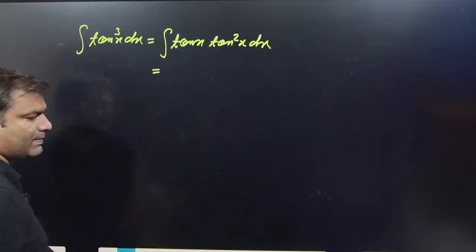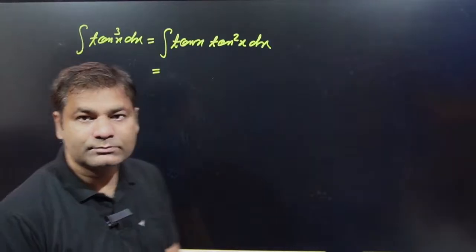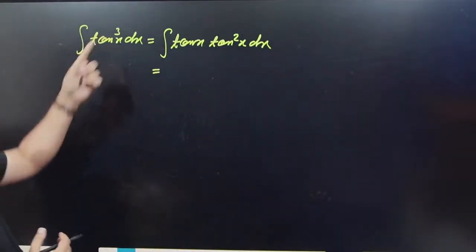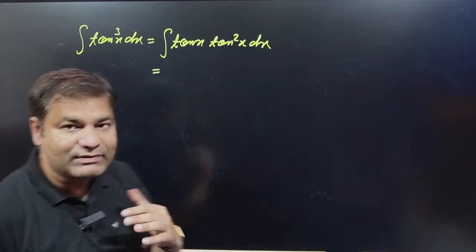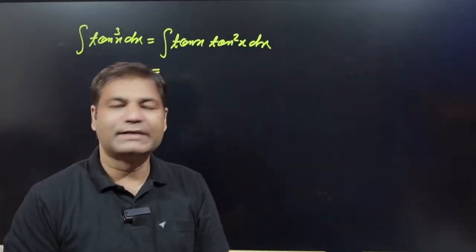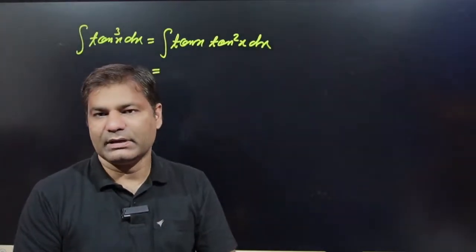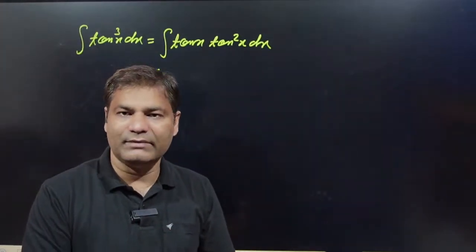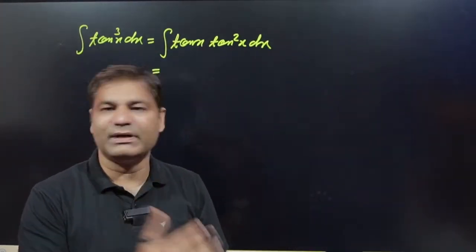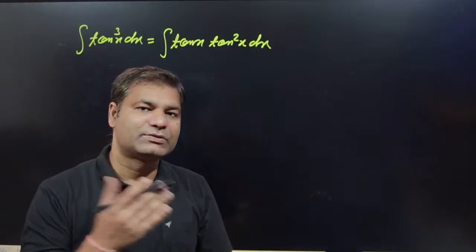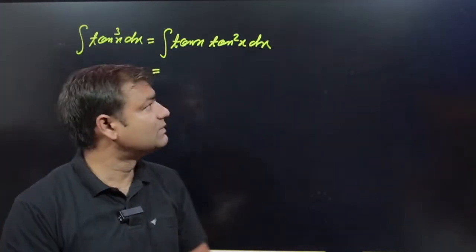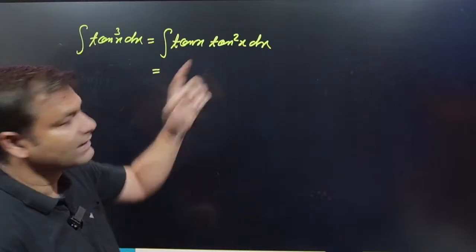Okay. Basically, if tan x is to an odd power, suppose tan x to power 11 dx or tan x to power 7 dx, then simply first this is written like that one.